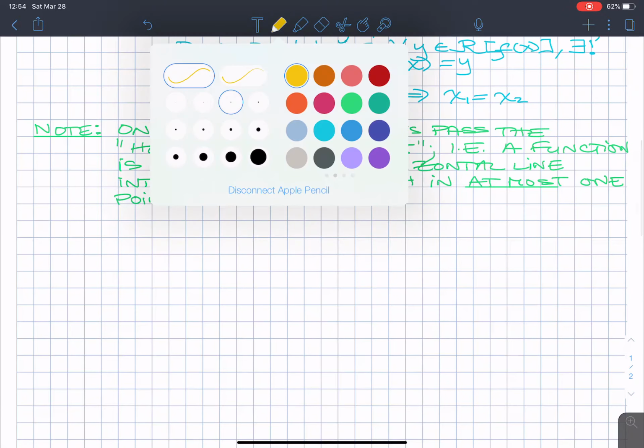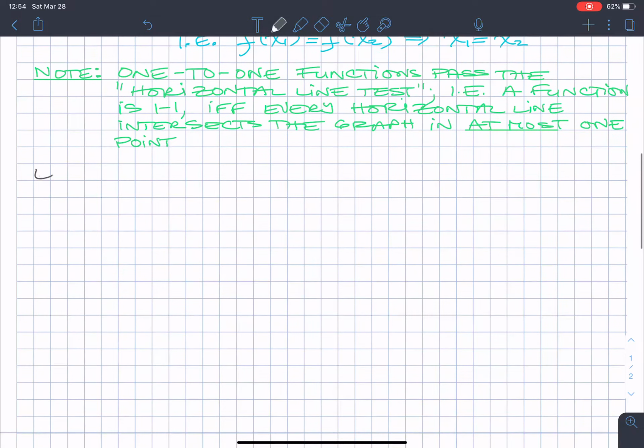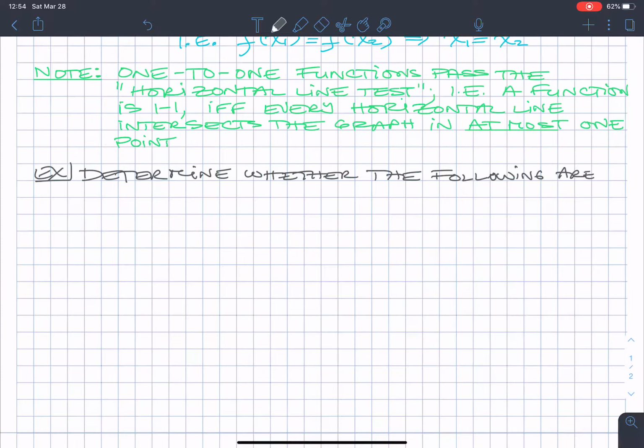Okay, so for example, determine whether the following are 1 to 1. Okay, so number 1. Let me just do small x and y coordinate axes because I'm going to draw a lot of pictures here.